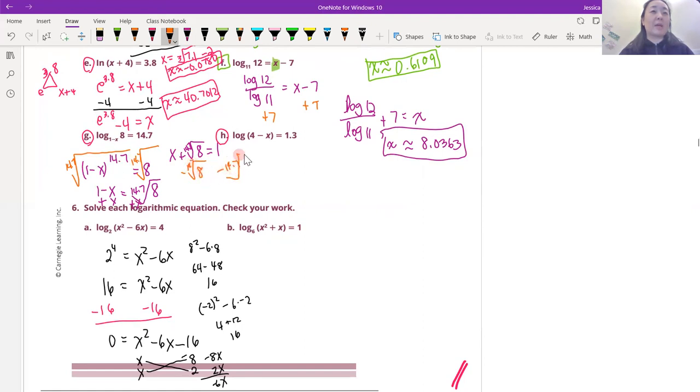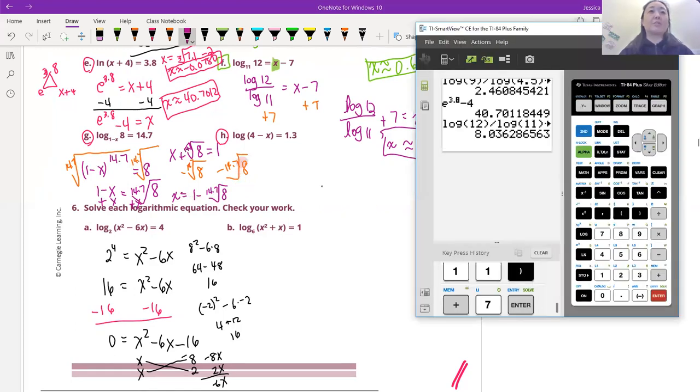This is why I like to do it in my head, because this is a lot of work to write down. And so x is not about, it's exactly equal to 1 minus the 14.7th root of 8.